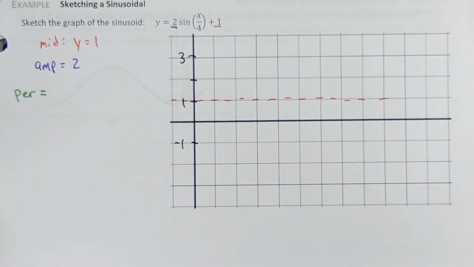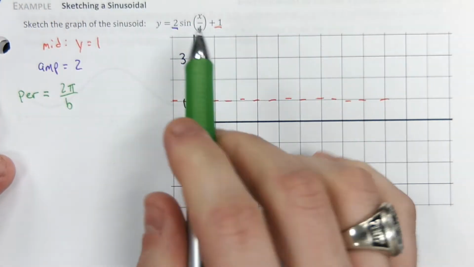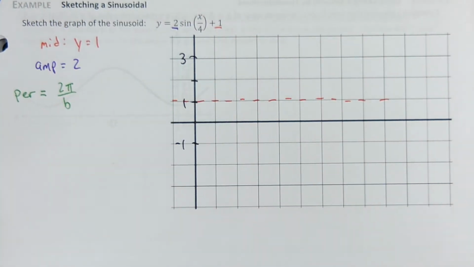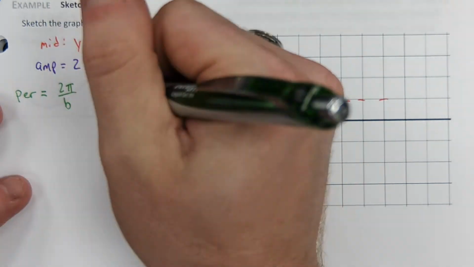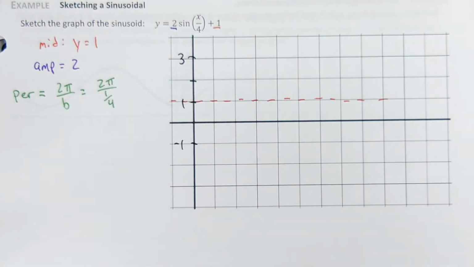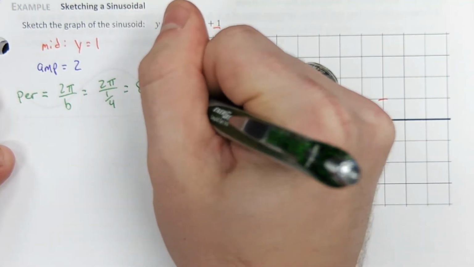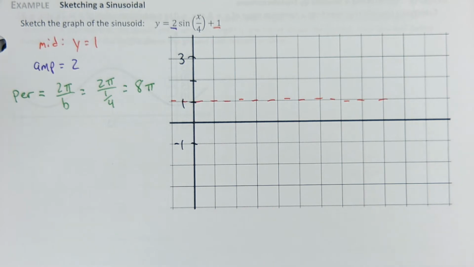So our period length is going to be 2 pi over b, which would be the 1/4 that sits in front of this x, stretching or shrinking this object. 2 pi divided by 1/4 is 8 pi. This sine wave is going to take 8 pi to complete one period. It's pre-stretched. Horizontal stretch, factor 4.